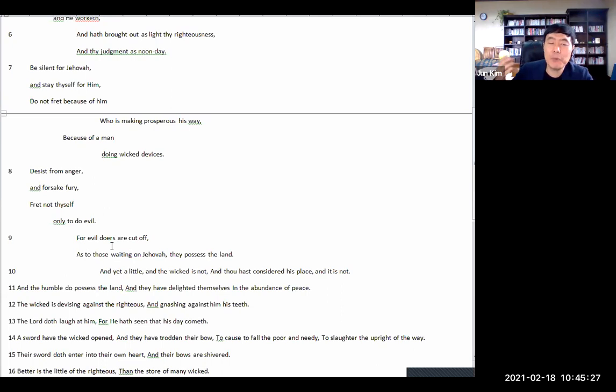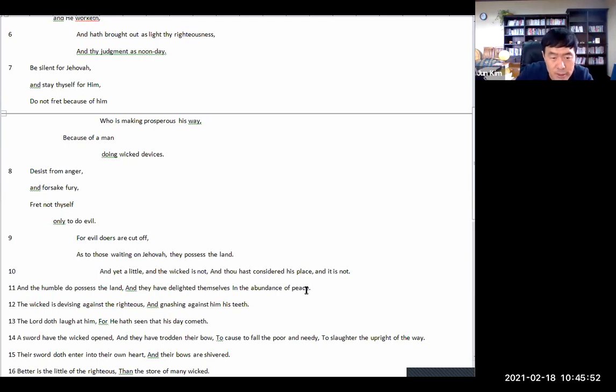So it provides the detailed explanation about the concept that evildoers are cut off and the righteous will possess the land. As the subordinated explanation, it says a little while, and the wicked is not, so they will not be here.